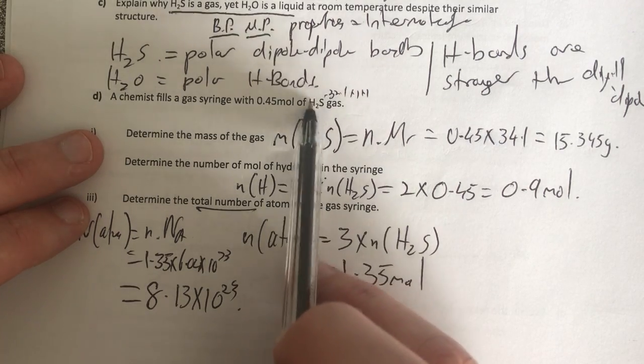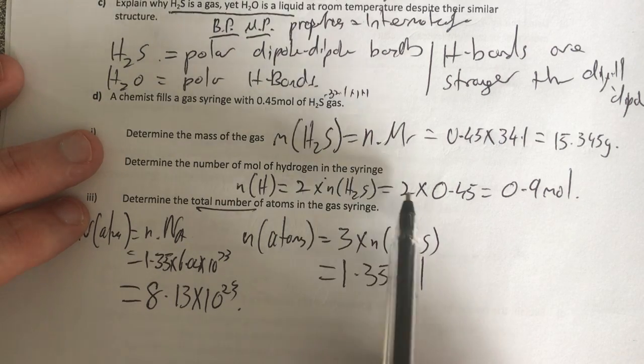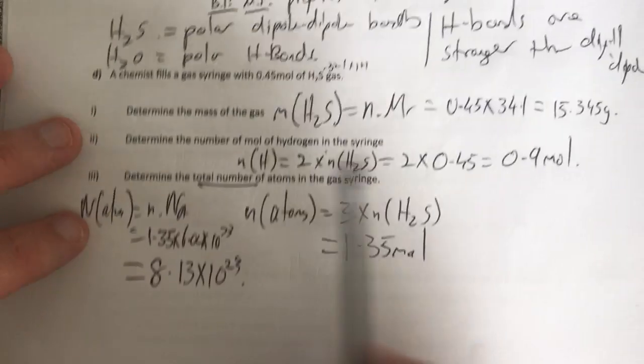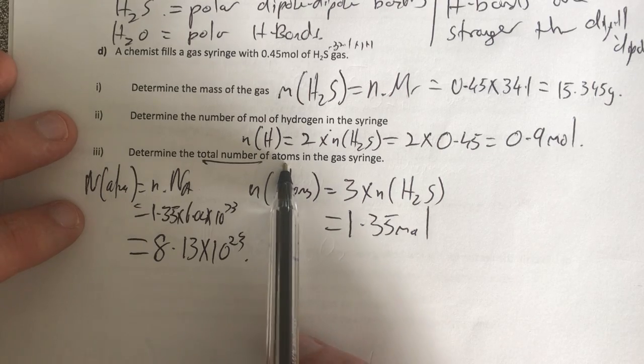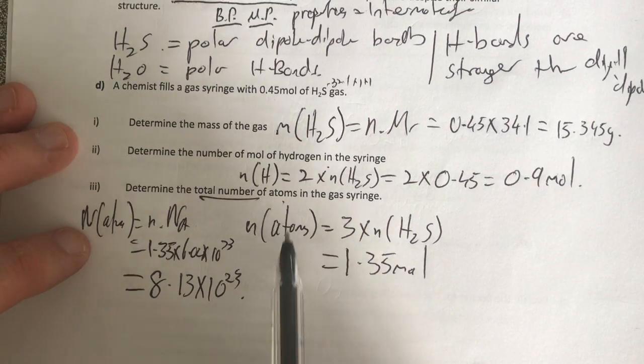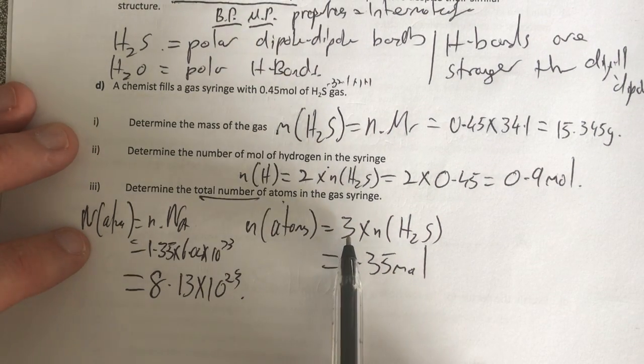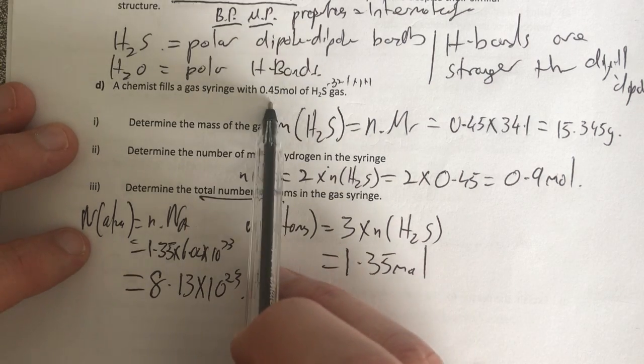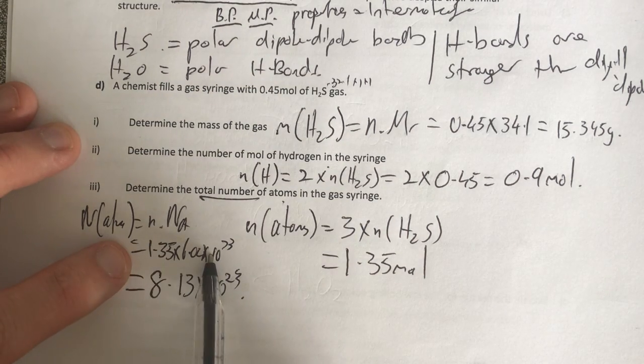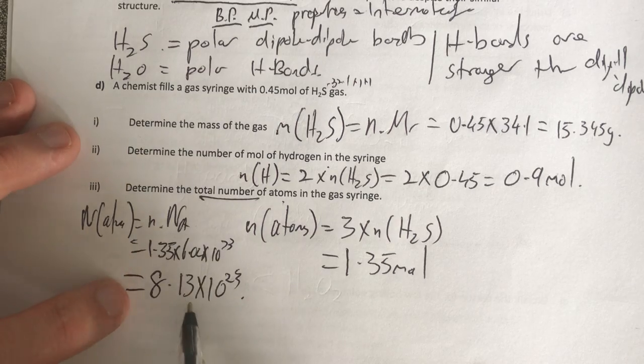So for every one of these, I have 2 hydrogens, so it's 2 times 0.45. Then I want the total number of atoms, so I need to know the total number of mole of atoms, which will be 3 times that. And then I'll times that by Avogadro's number, because that's going to find me the individual number of atoms from how many mole I have.